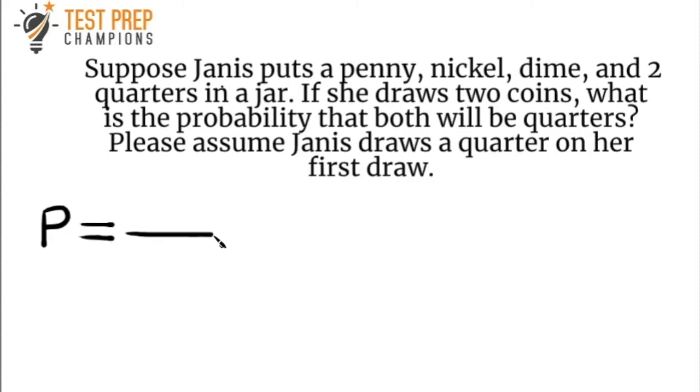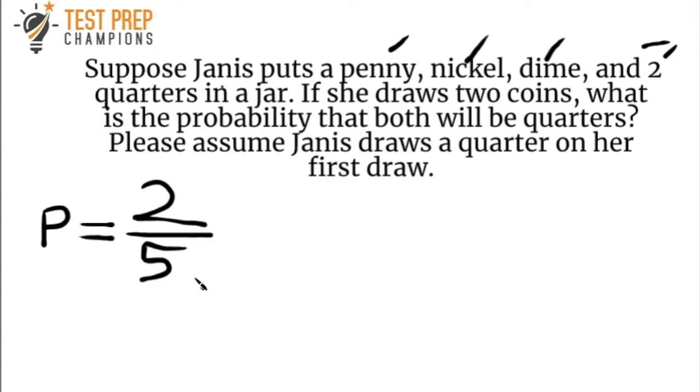So in this case here, we've got a penny, that's 1, a nickel, that's 2, a dime, that's 3, and now we've got 2 quarters here, right? So we've got 1, 2, 3, 4, 5. So there's 5 coins in the jar. Okay. And how many quarters? Well, we know that there's 2 quarters. So on her first draw, the probability of drawing a quarter is 2 out of 5.